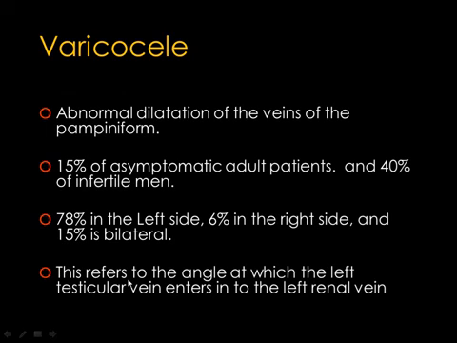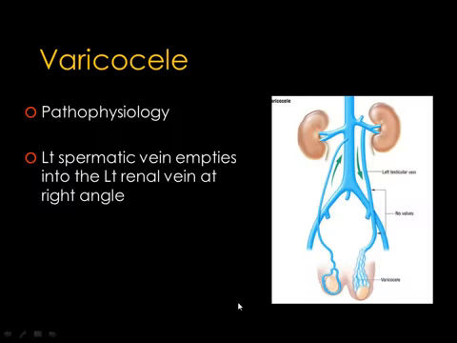So this abnormal dilatation of veins arises more often on the left, and many authors attribute this to the angle at which the left testicular vein enters into the left renal vein. The left spermatic vein empties into the left renal vein at a right angle, which might cause the valves to be incompetent and allow retrograde flow, resulting in dilatation of the pampiniform plexus of veins.